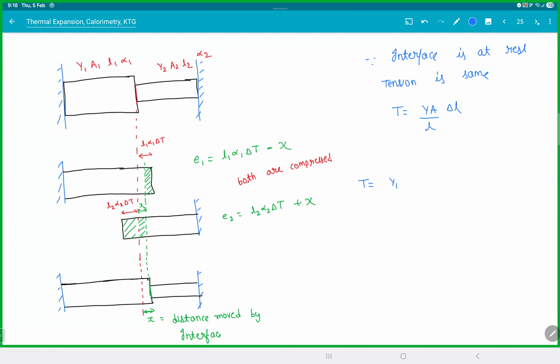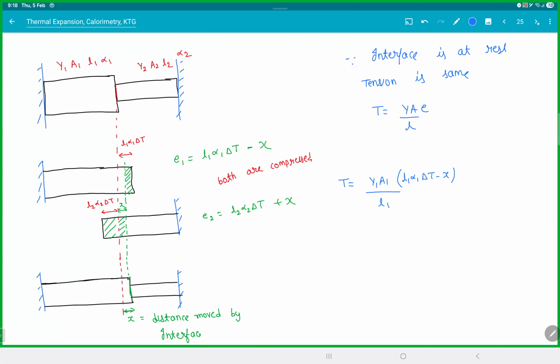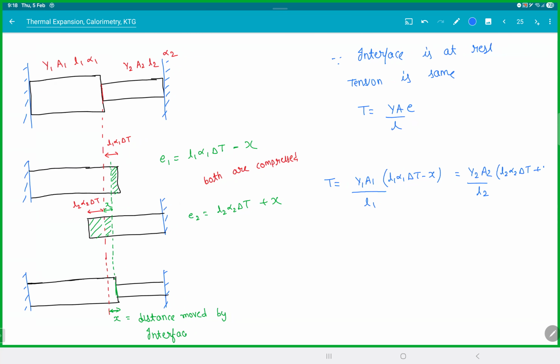This would be Y1 A1 times E1, so this is your E. E1 will be L1 alpha 1 delta T minus X by L1. We are ignoring the L1 plus alpha delta T in the natural length. So this will be Y2 A2 by L2 times L2 alpha 2 delta T plus X.